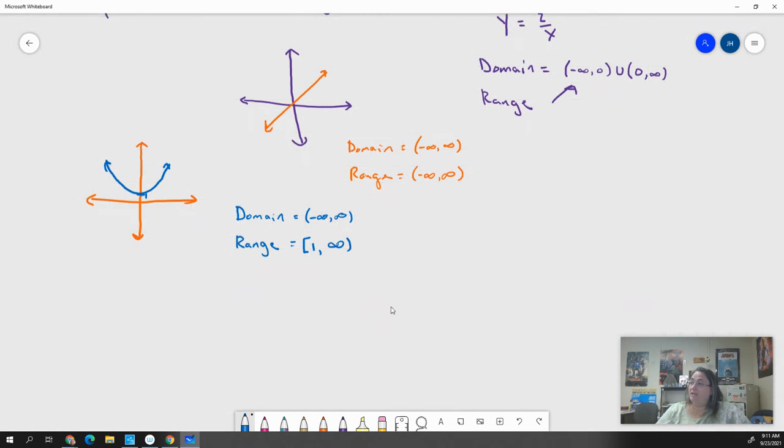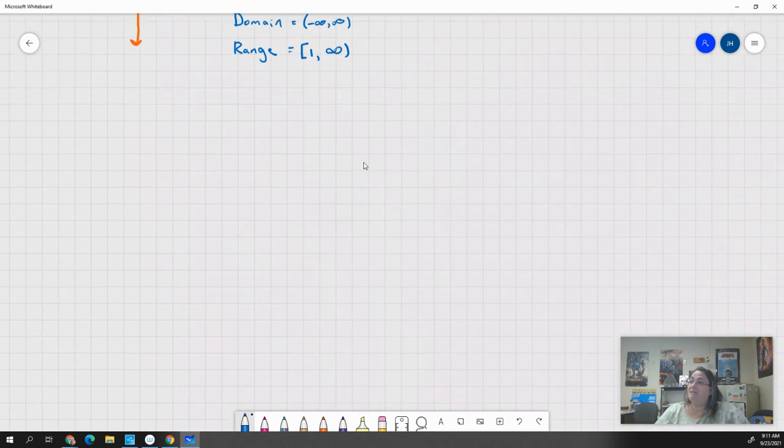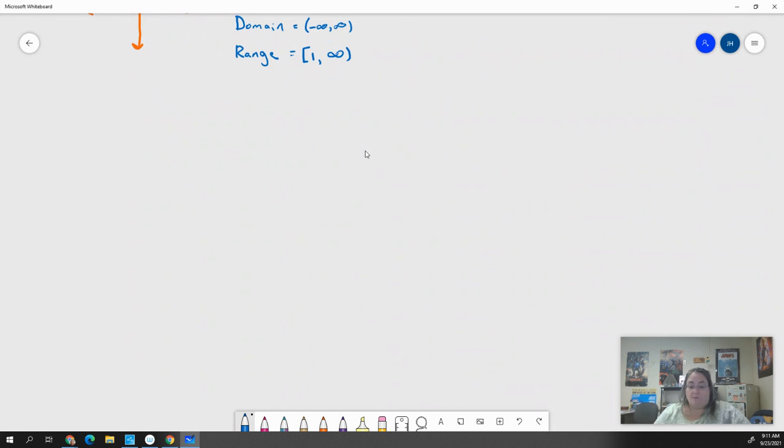The part that we are going to move into now is the beginning of functions, right? And like I said, a function is a relation. It is always a relation, but a relation isn't always a function, because functions have certain rules that they need to abide by.